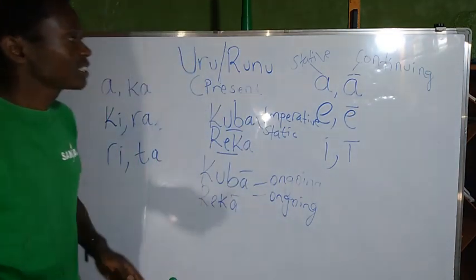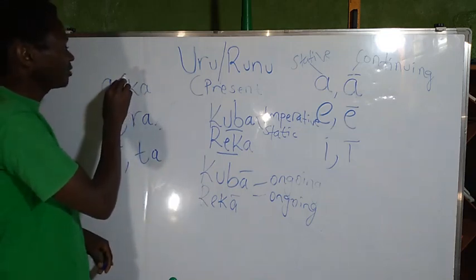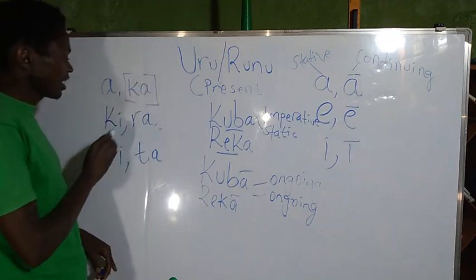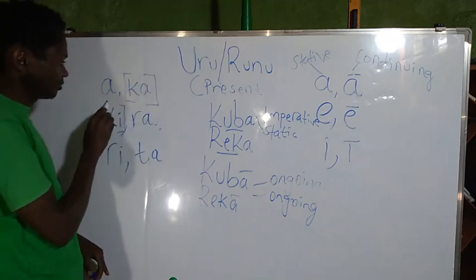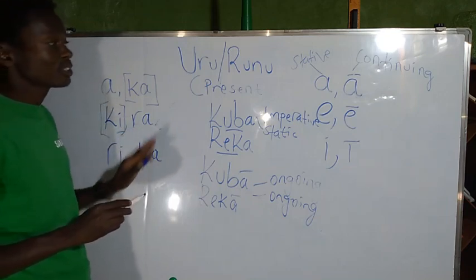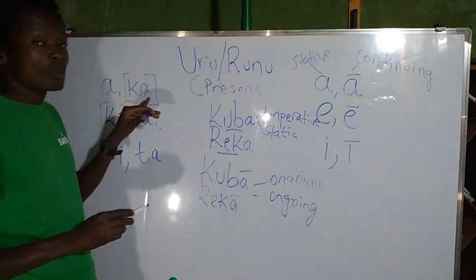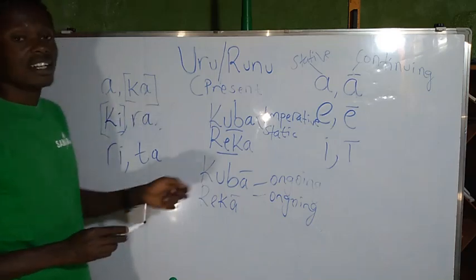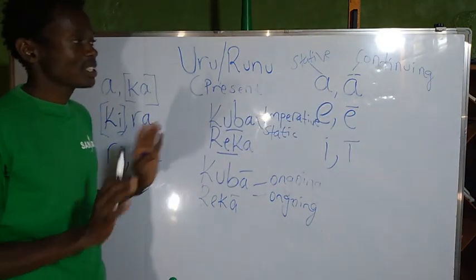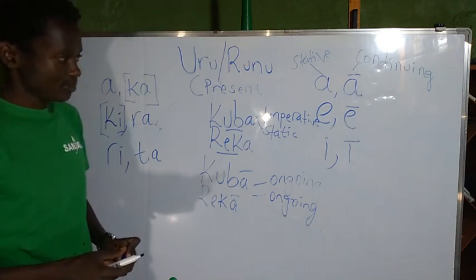So in present tense, we are going to only handle the ka and the ki. The remainder ones will be used in other tenses. So our concentration should be put at ka and ki and r and r. That is basically the only present tense we'll be looking at.